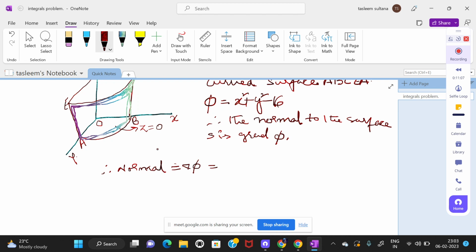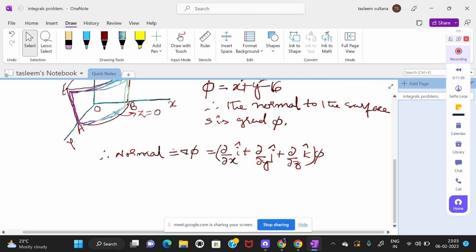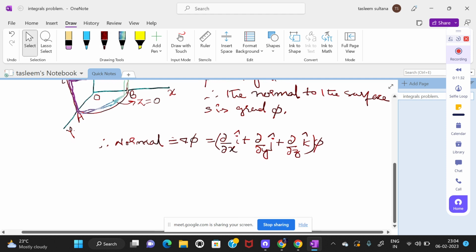Your normal, which is equal to gradient phi, which is equal to nabla, is equal to dou by dou x into i vector plus dou by dou y into j vector plus dou by dou z into k vector, operating on phi. Now we will multiply that phi to each and every term of that bracket.